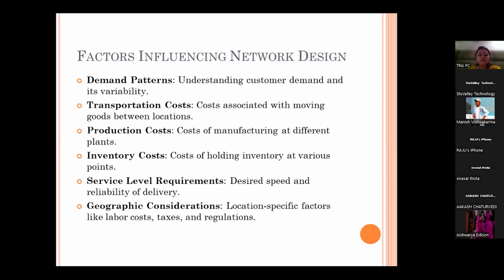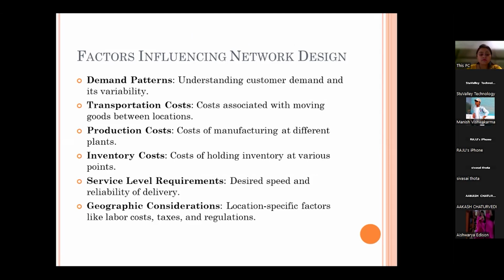Why do we need a supply chain network design? To minimize the cost. That's why we have to plan the network and how we will design it, so that we can manage the production cost, transportation cost, inventory cost, operational cost, and there are many costs associated in subcategories of these costs.